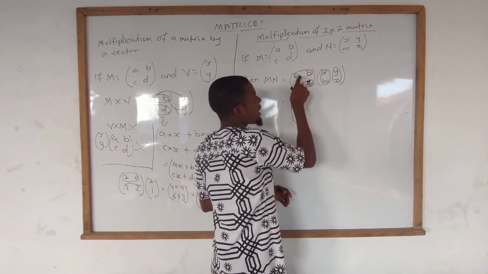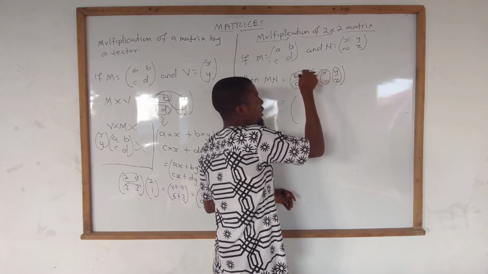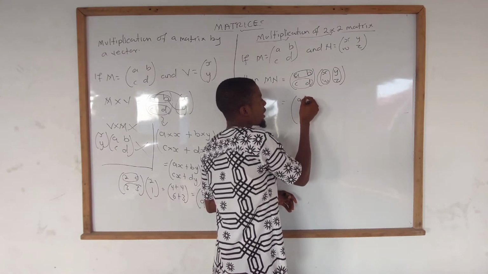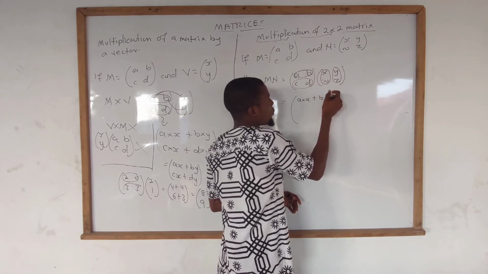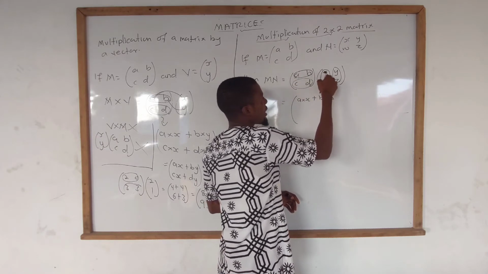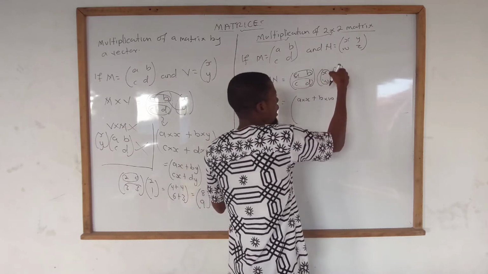So look at what's going to happen. We take A, this row times this column, so A times X, plus B times W, as we did in the vector column. But the same thing happens here.